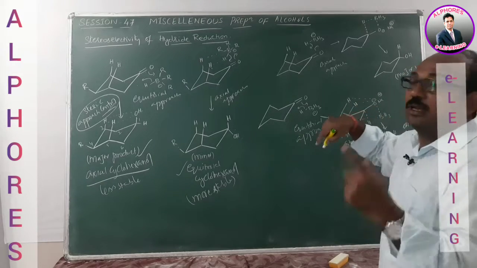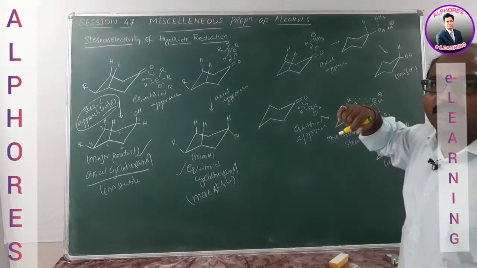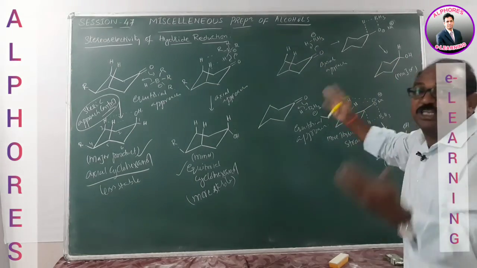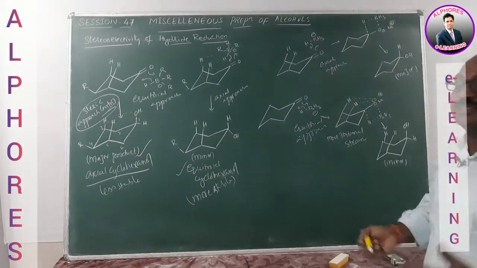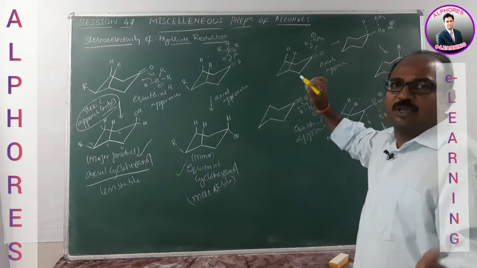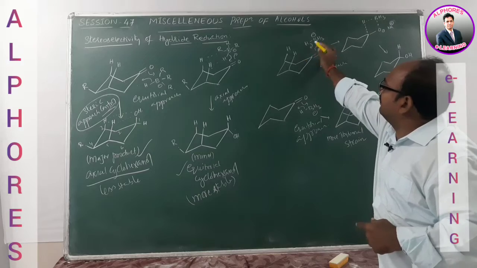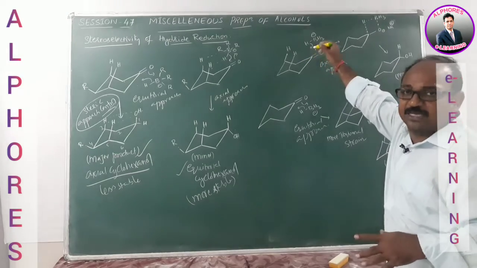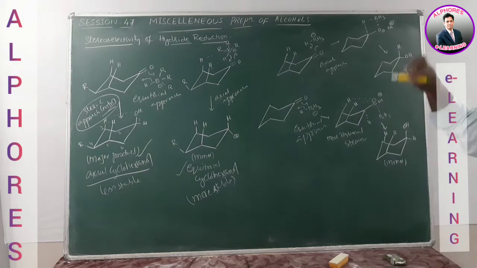Now let's come here. In this case, what happened? It approaches axially, because it is less hindered, because it is not substituted, that's why hindrance is less, that's why it can approach axially. Of course, here also interactions are there, no doubt about that. Here also interactions are there, the 1,3 interactions. So you are getting this complex, the transition state.